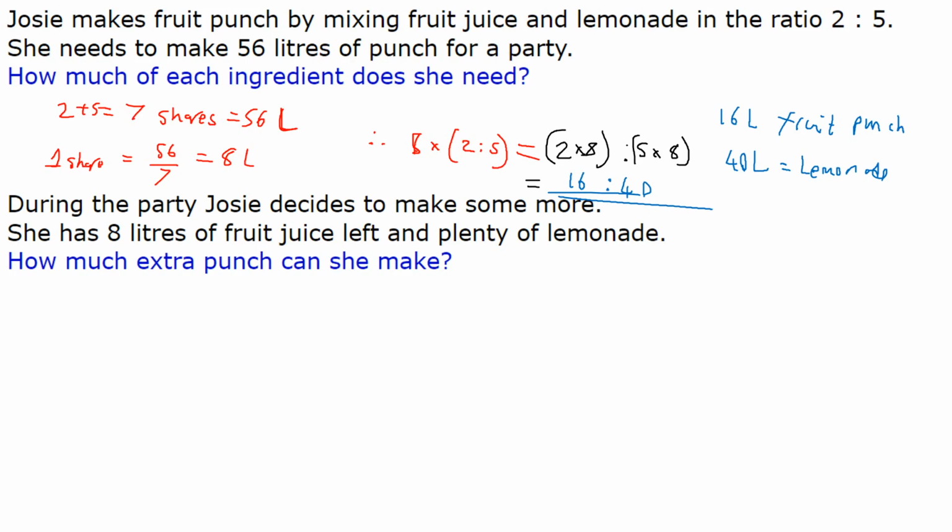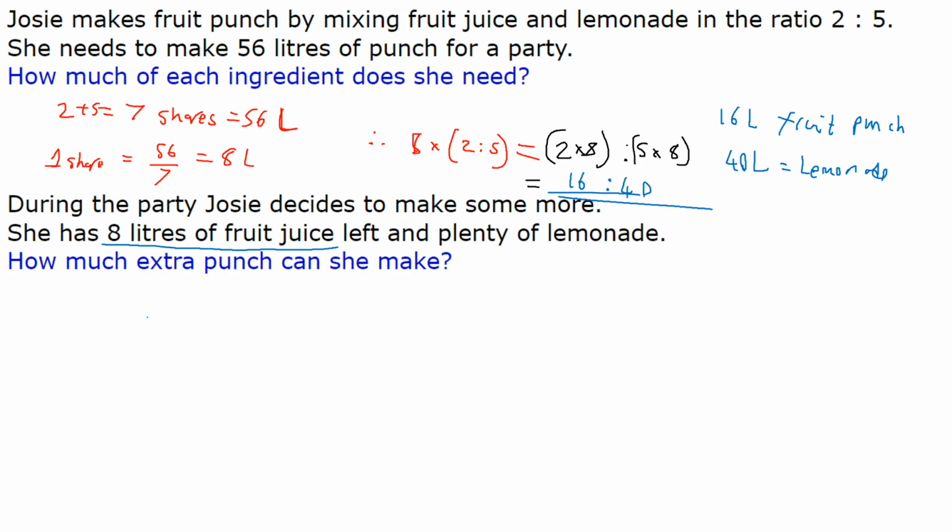So during the party, she decides to make some more. She has 8 litres of fruit juice left. So how much extra punch can she make? Okay. So what we need to do is expand this ratio, right?